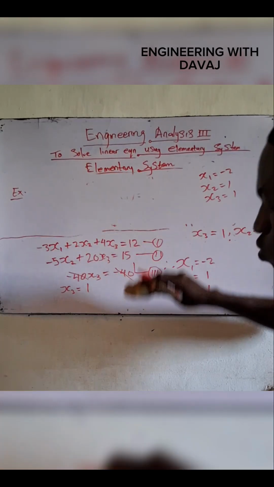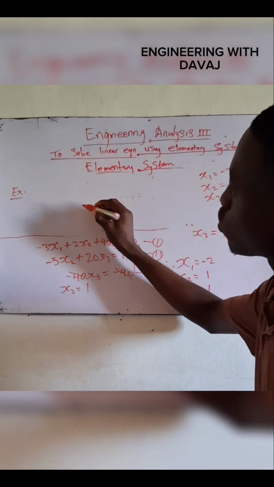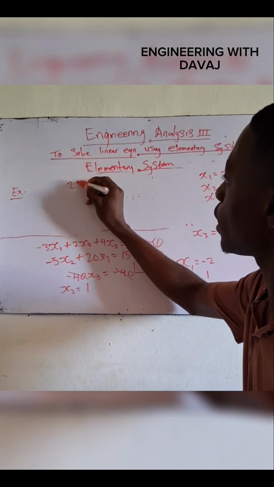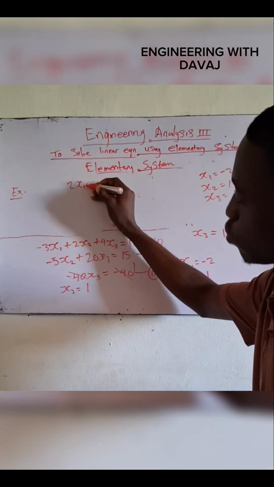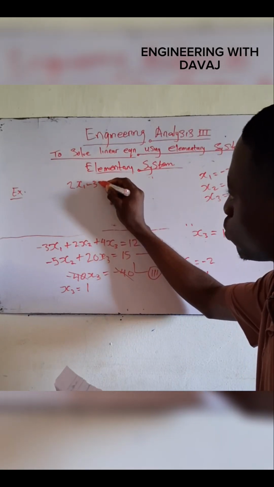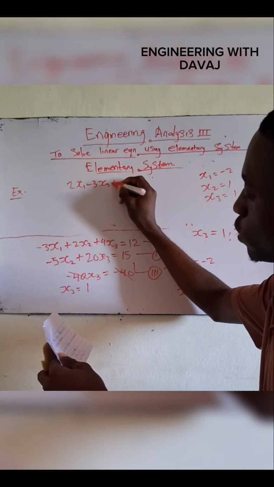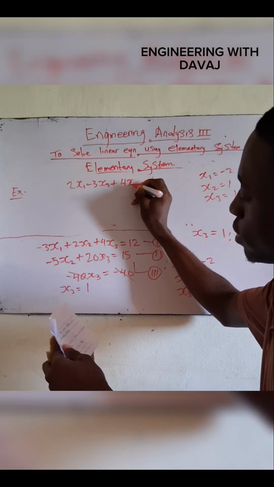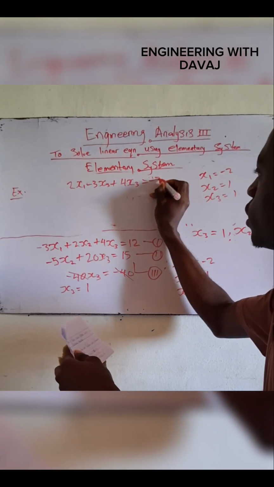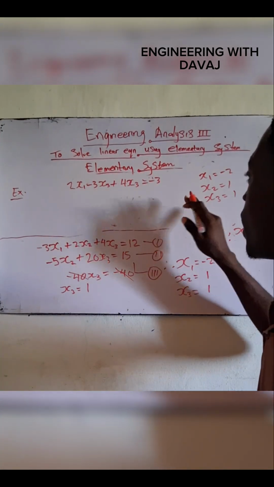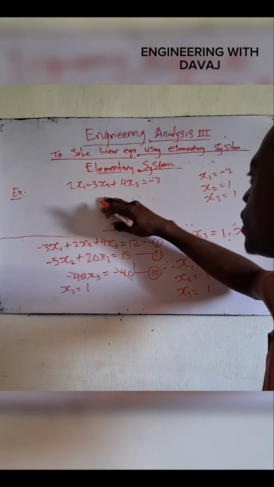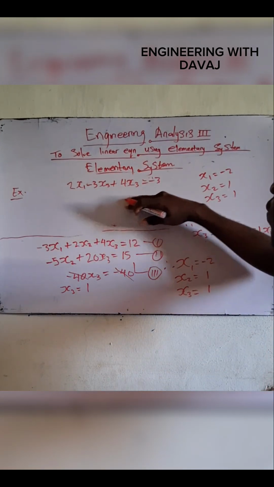Let's check the third one. The third one from the question is 2x1 minus 3x2 plus 4x3 equals minus 3. Let's substitute our x1, x2, and x3 into this linear equation to see if it gives us minus 3.